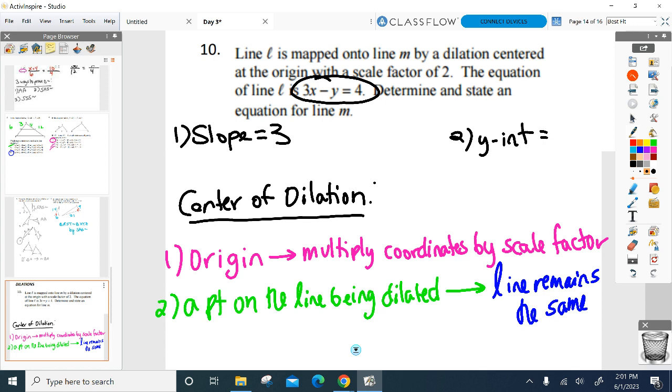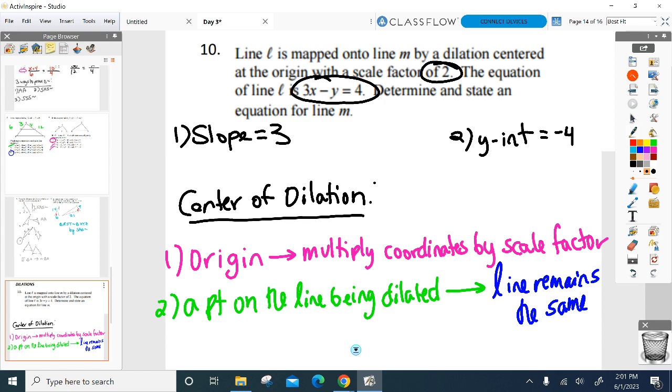Congratulations. Y-intercept now. That won't stay the same. It only stays the same if I'm dilating around a point that's already on there. What's my y-intercept on this line? 4, right? Or -4? Which one? -4. And since I'm dilating around the origin, what can I do with that scale factor of 2 to find my new y-intercept?